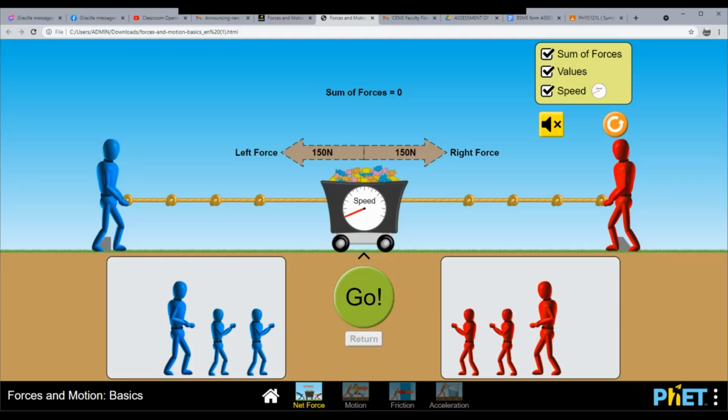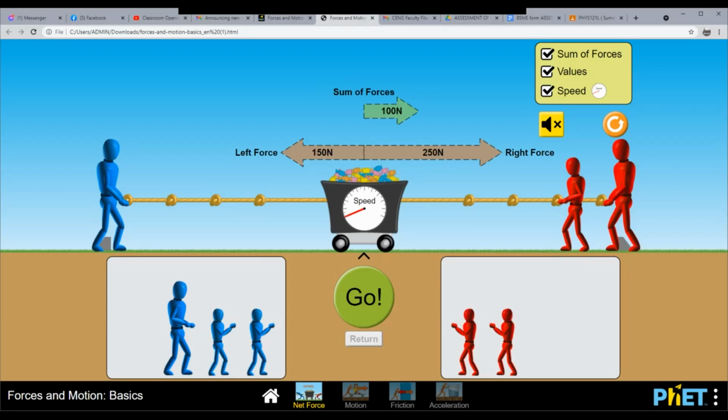Kung gusto nating pumunta sa right, alin ang dadagdagan natin ng force? Is this the right or the left force? Right po, ma'am. Okay, right. Lagyan natin ng another force here. So this becomes 250 Newton.